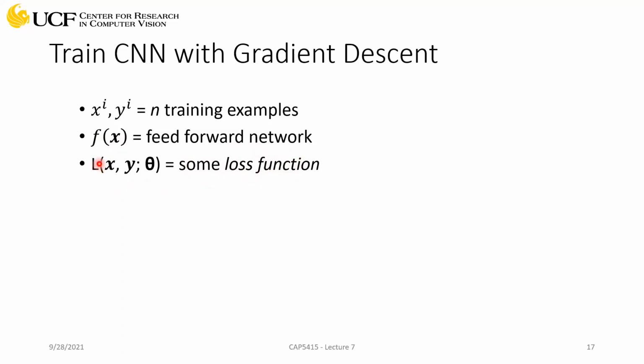That's the function L. You need the input, the training data, you need the actual labels, the ground truth, and then you need the network parameters, which is theta. So using all these three, the loss function can tell you how good the network is doing, and then we will try to optimize this function using gradient descent.